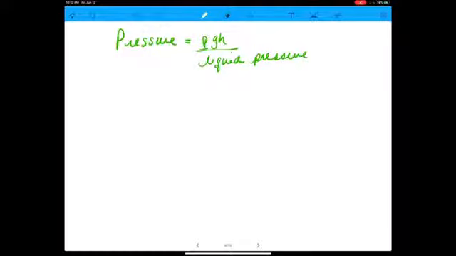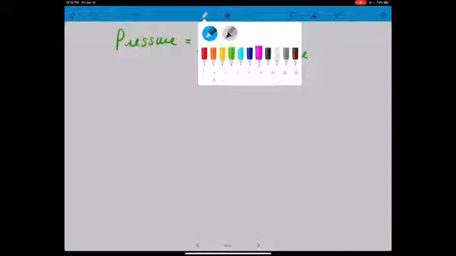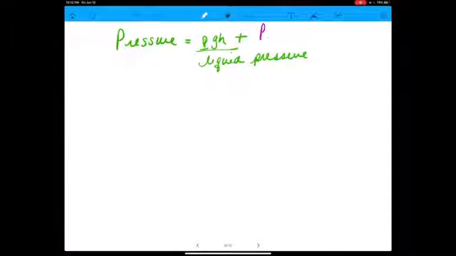So we've already established that pressure equals the density times the gravity times the height, or the depth at least. That's our liquid pressure. In order to find the total pressure, because we know that there's a column of air above that column of water, we'd have to add the atmospheric pressure, or P atmosphere.